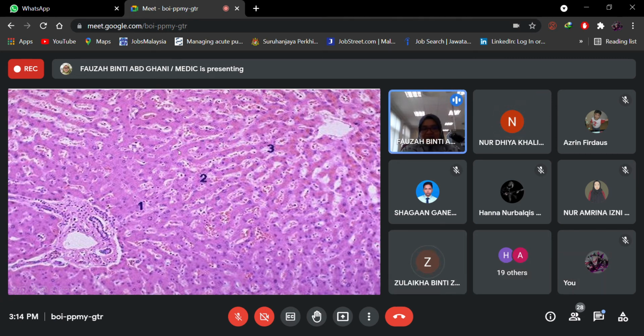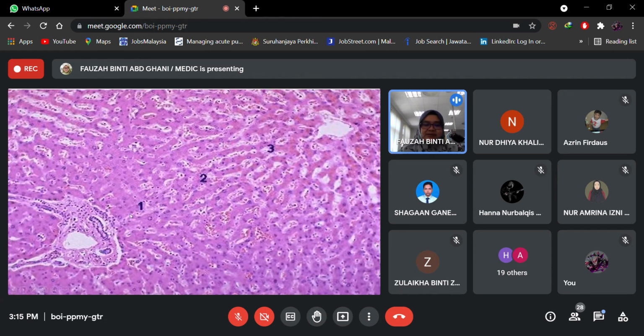Hepatocytes, so it's the liver cells in layman's terms. In medicine, in histology, we call it hepatocytes. In between the plates of hepatocytes, these are the sinusoids.